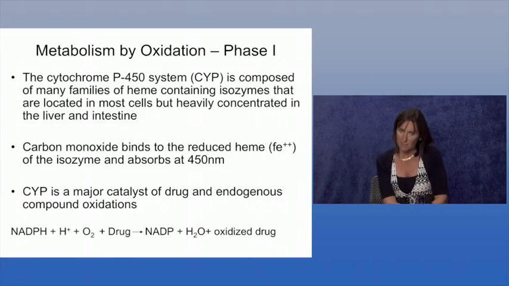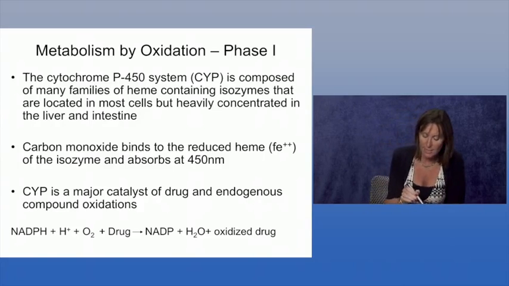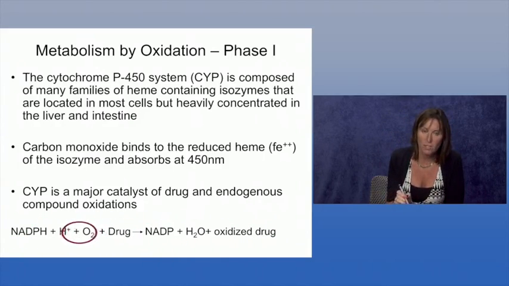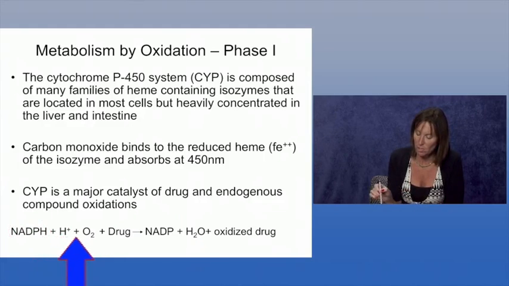And for those biochemists among you, this is the chemical reaction that we are talking about. We have the drug, we have a source of oxygen, a hydrogen ion, and an energy source. And we see the addition of the hydrogen ion and oxygen to produce water, and the transfer of the oxygen from the O2 to produce the oxidized drug.